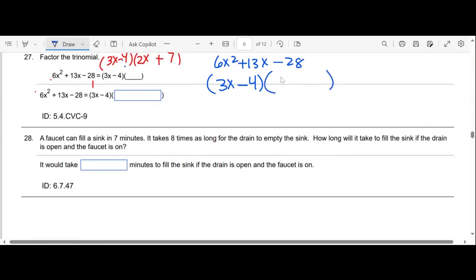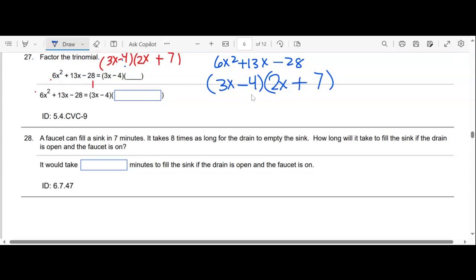What do you think the second one will be? Of course, 6 here, right? You put 3 here. What are you going to put here? 2x. You have 28 here. You used 4. 28 divided by 4 is 7. Is it going to be plus or minus 7?